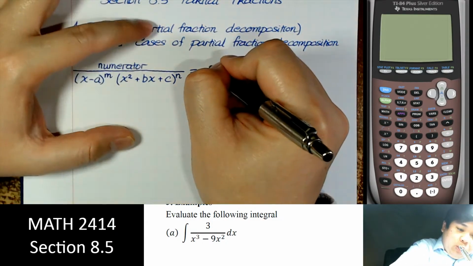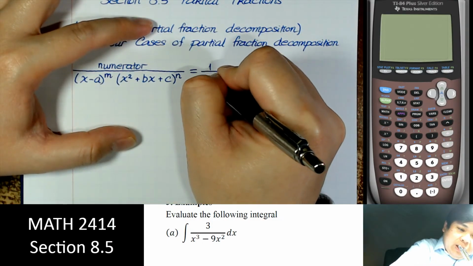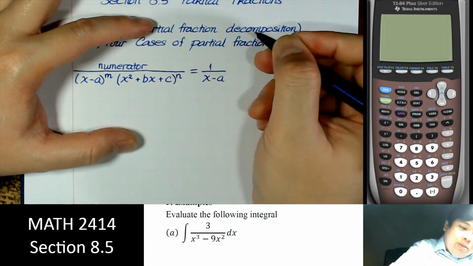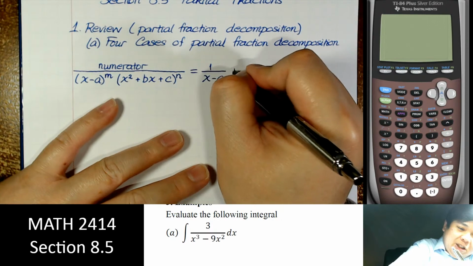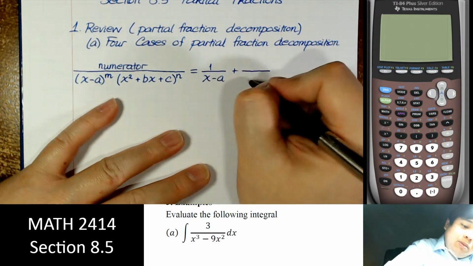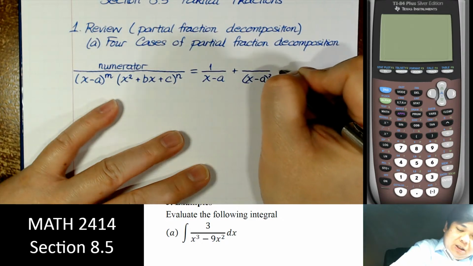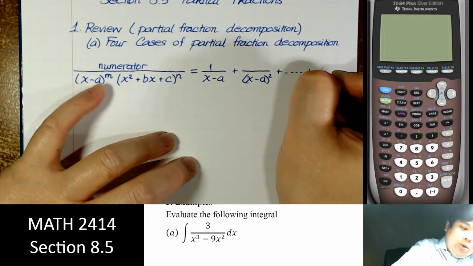So we start with a fraction with x minus a to the first, and then to the second, all the way to the m power.